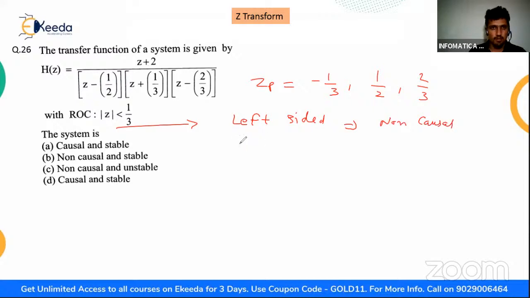And the ROC does not include the unit circle, so it will be unstable also. So again it will be non-causal and unstable, similar to the last one.